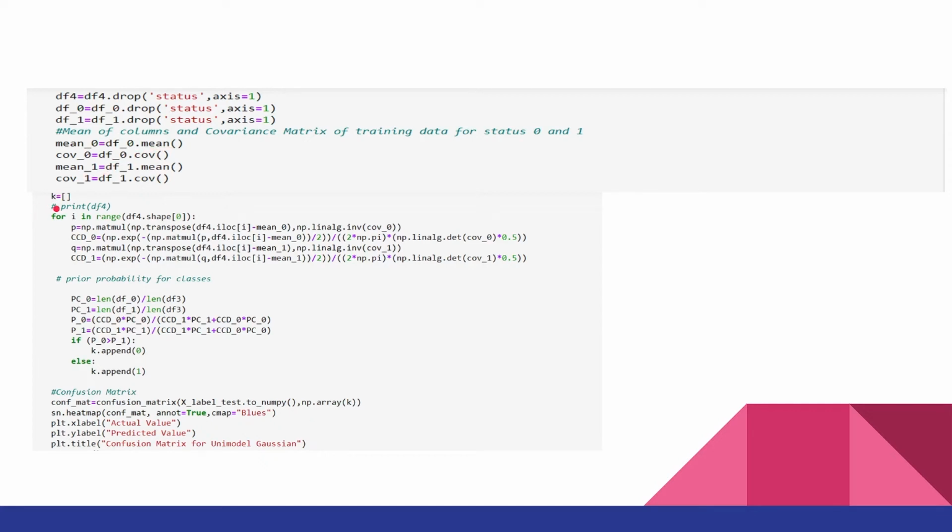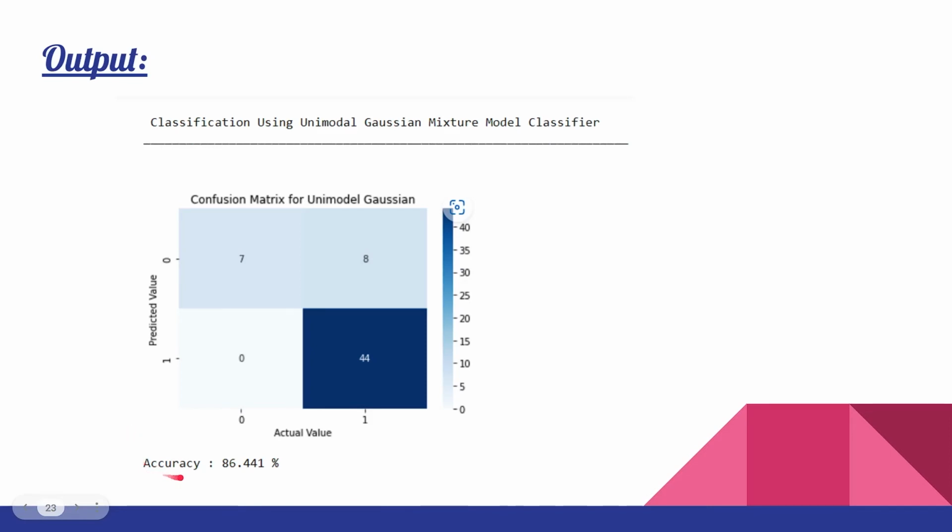Then I have created a list for storing the predicted status of each test sample. Then I have found the conditional class density or likelihood. After that, I have found the prior probability for classes. Then for class 0 and 1, if P0 is greater than P1, then I have used status 0, else I have used 1. Then I have shown the confusion matrix using the inbuilt function. The accuracy for this class is 86.441%.